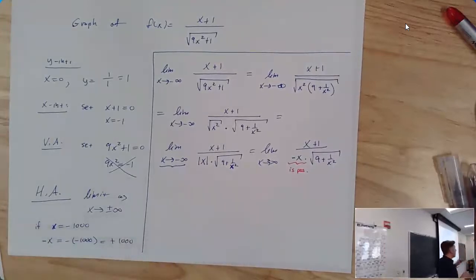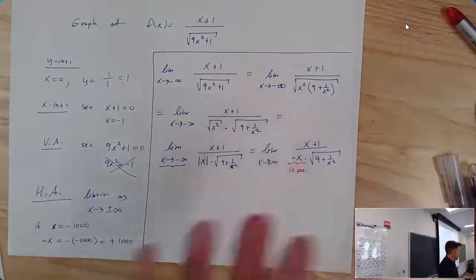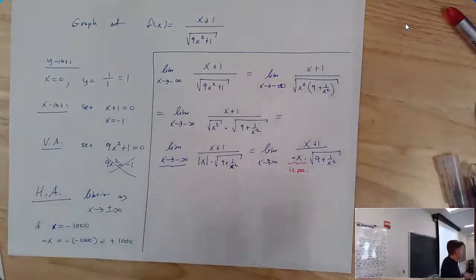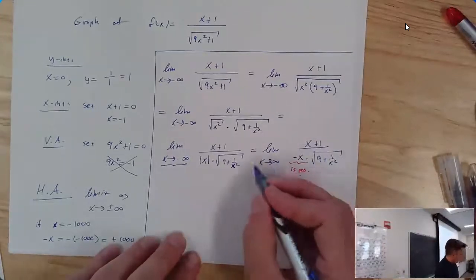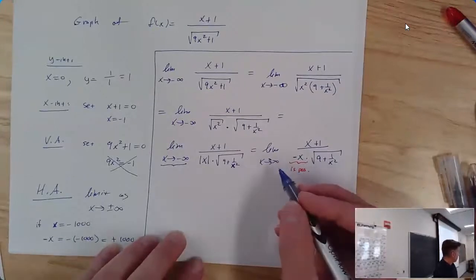But x could be any large negative number. So I can't just pick one value and say it's 1,000 or 10,000 or 1,000,000. I have to say, for any negative number x, the negative of x is positive. Negative infinity is still right here, x is still approaching negative infinity.